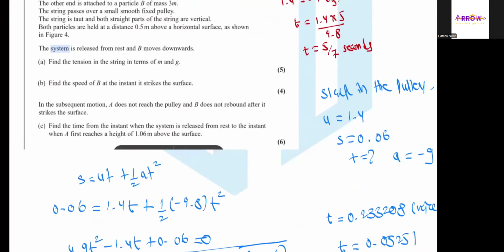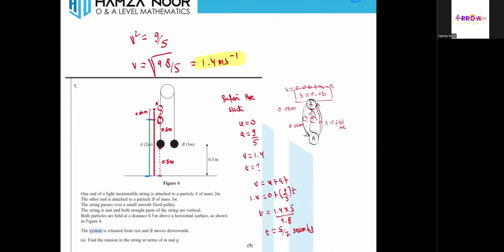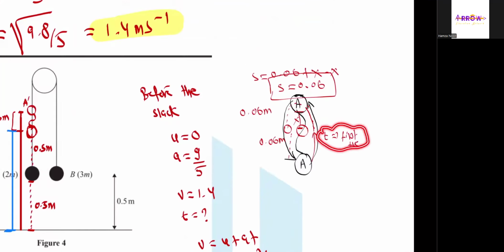So the smaller value of t will be obtained and the higher value will be rejected. This is the first positive value of t, because time is always positive. After solving this equation in terms of t, you get two positive values of time, so the first one will be considered.